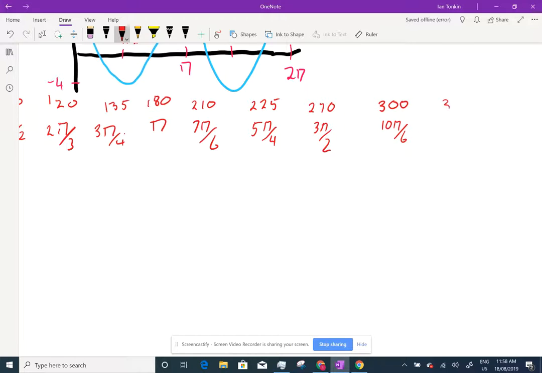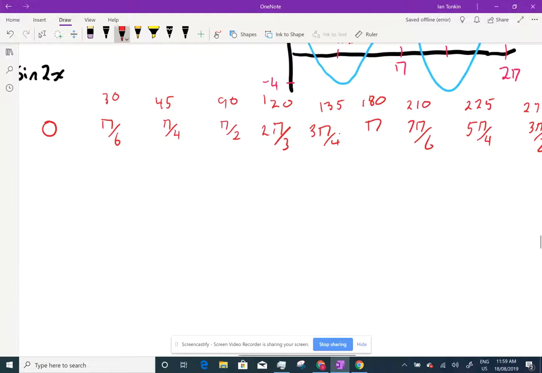We'll go 315. So that's 45 less than 360, so 2 pi, which is 8 pi on 4, so 7 pi on 4. And we'll go 360, which is 2 pi.